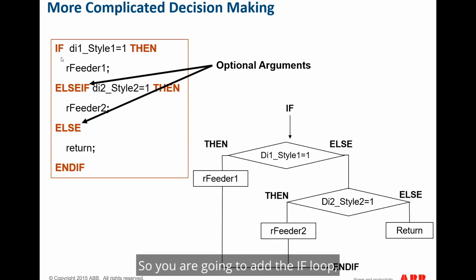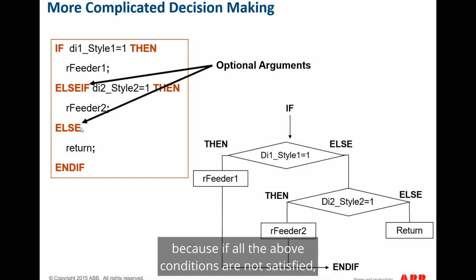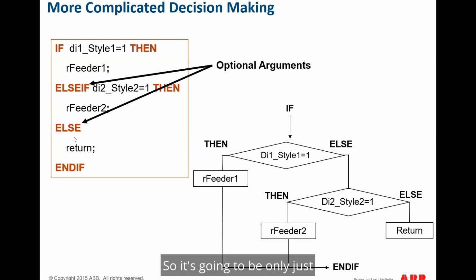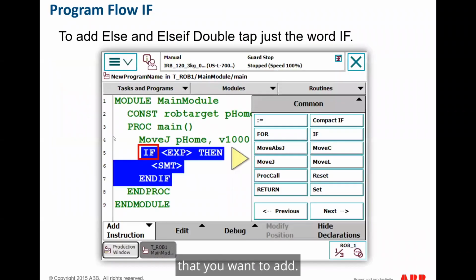You are going to add the if loop, then you can add an else if loop, then you can add an else loop. You can add any number of else if loops, but of course, else is only one, because if all the above conditions are not satisfied, then you will have else. So it's going to be just one single else for your command, but you can have one if, one else, and any number of else if loops that you want to add.